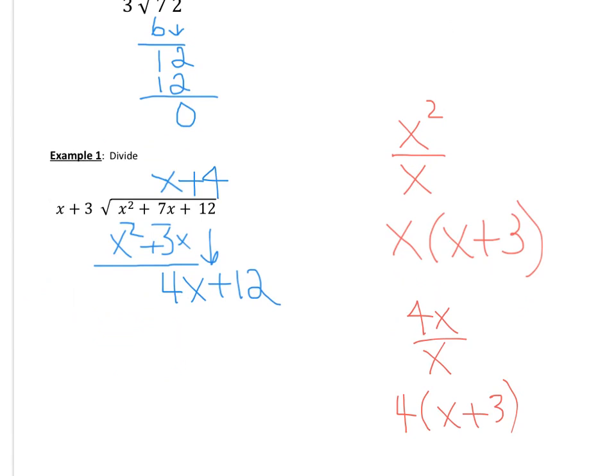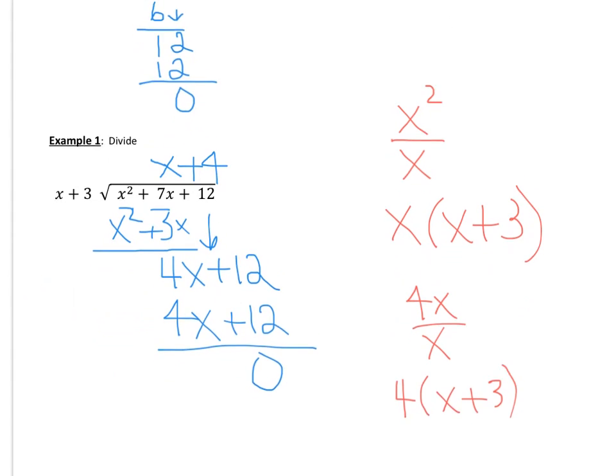And of course that gives us 4x plus 12. And when we subtract here, we get 4x minus 4x, which is 0. We get 12 minus 12, which is 0, meaning again that this divides into this perfectly evenly and we have no remainder. We're then going to express our result in what is called quotient form.